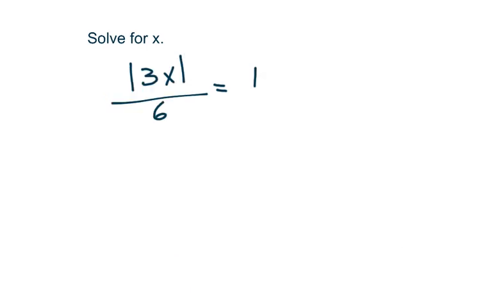Next we have this problem, solve for x. It's the absolute value of 3x over 6 equals 1. We're going to break this up into two parts. The first part is we are going to isolate 3x, the absolute value of 3x. And that is going to get us to our second part, which is to solve for x.